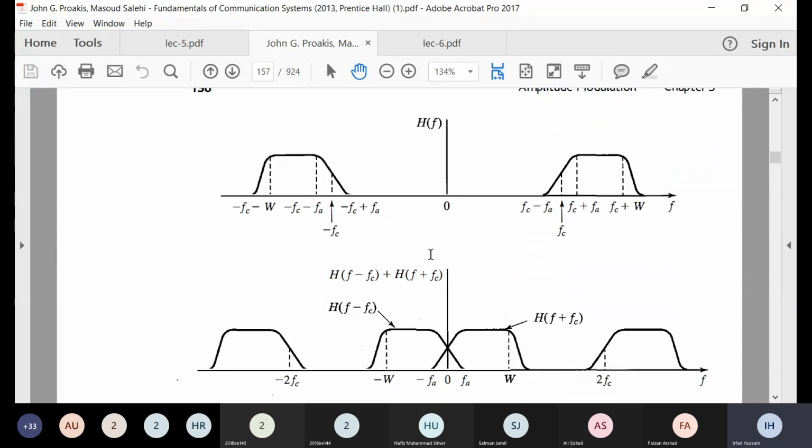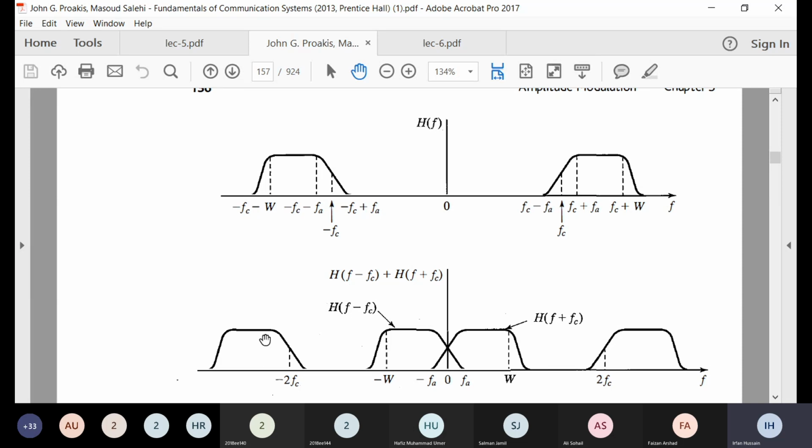Now let us explain what could be this type of filter. This filter is appropriate, H(f), because once you shift H(f) by minus fc, the whole of this spectrum will be shifted towards the right, or you advance H(f) by plus fc, the whole of this spectrum will shift towards the left.